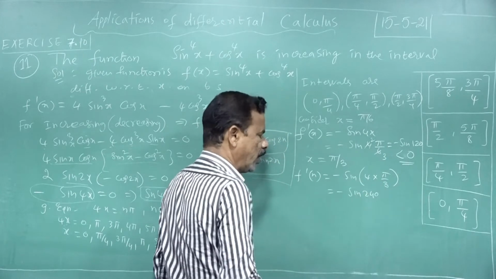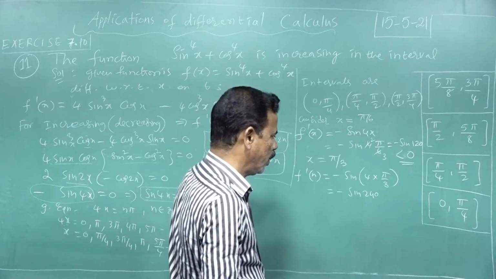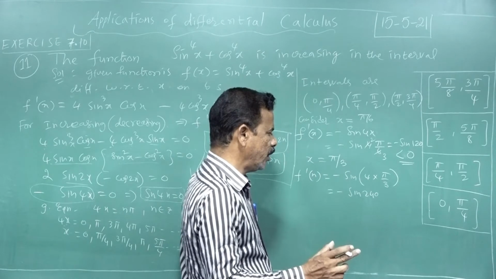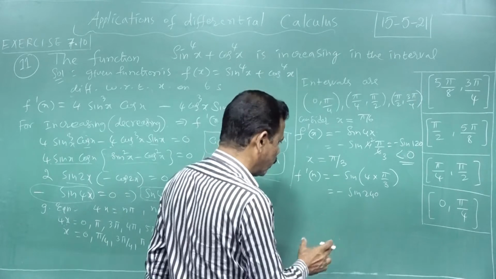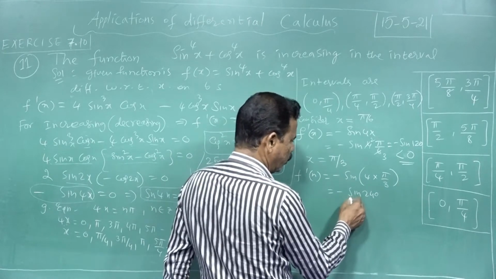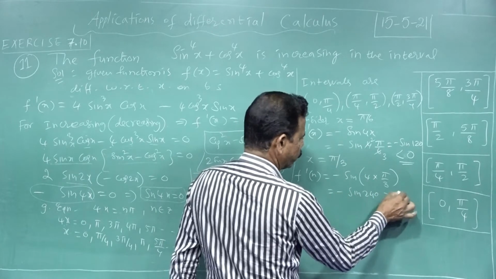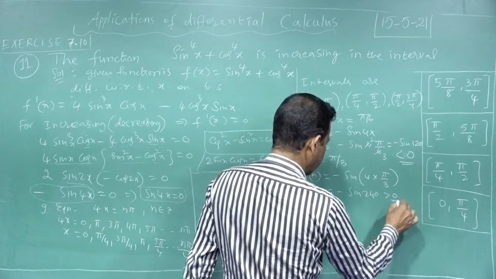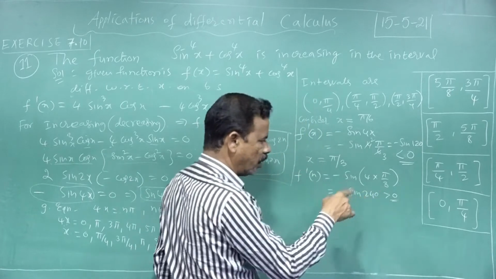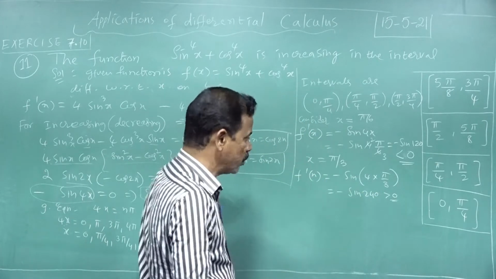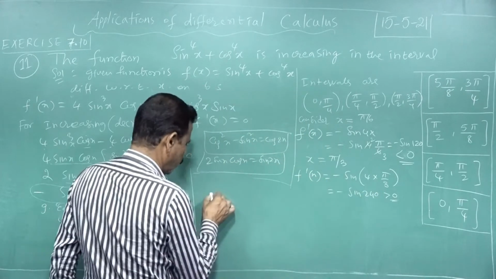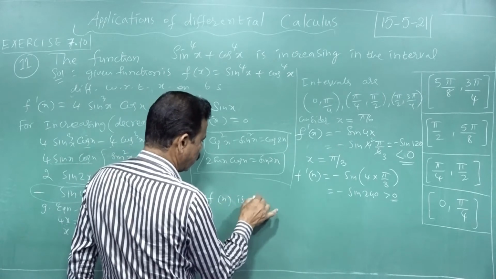Which quadrant is 240? Between 180 and 270, the third quadrant, where sign is negative. Negative times negative gives positive. Where it is positive, that interval is increasing.